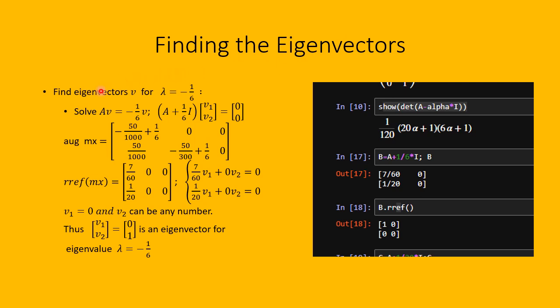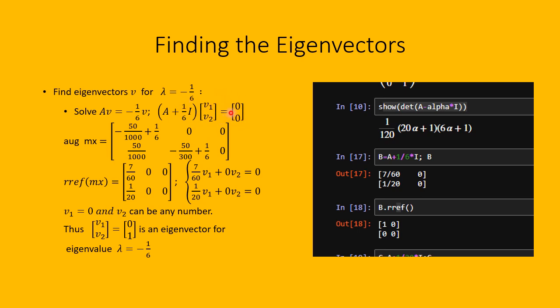So first, let's find the eigenvector V of the matrix A corresponding to eigenvalue lambda equals minus 1/6. So we need to solve A times the eigenvector equals minus 1/6 times the eigenvector. We know that we can rewrite this equation as A plus 1/6 times the identity matrix times the eigenvector equals the 0 vector.